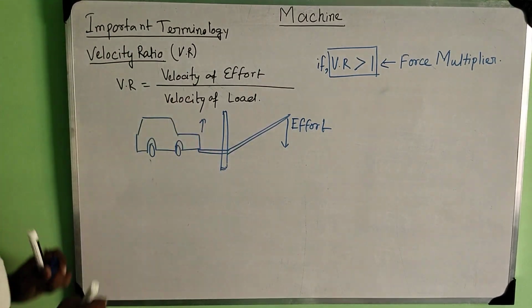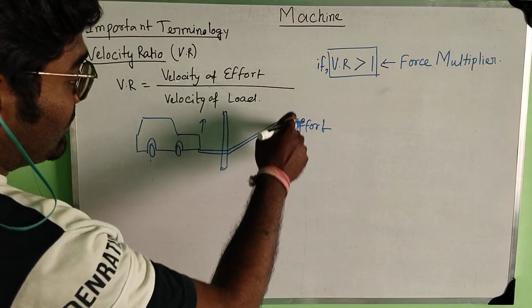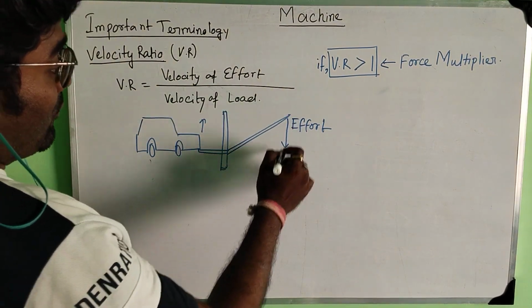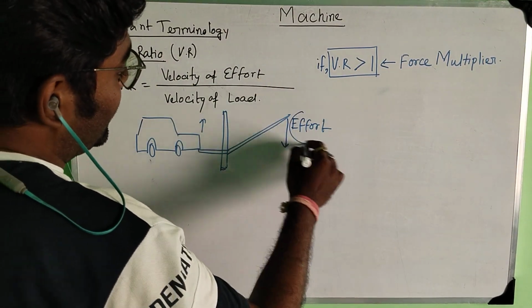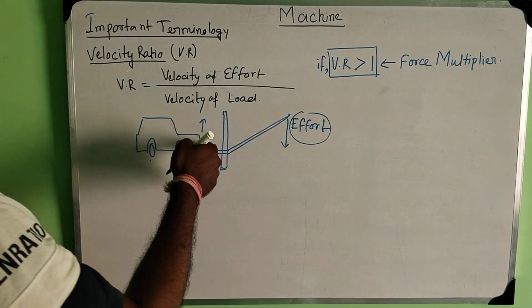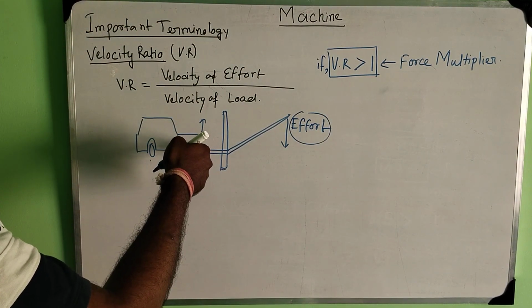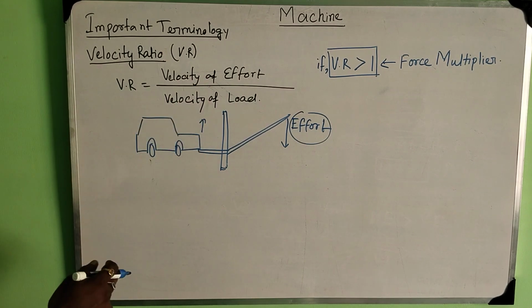Now what will happen? The displacement of the effort, the velocity of the effort, is greater. The velocity with which the car is moving upward is very slow.